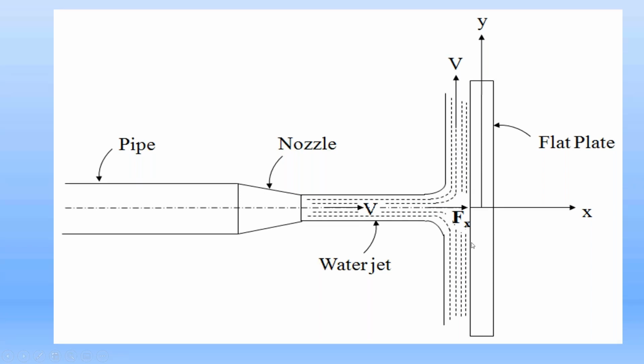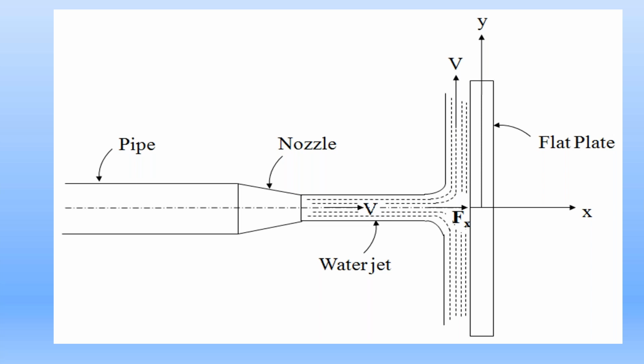By using Newton's second law, we are going to find out the equation of this Fx. Just now we discussed, according to Newton's second law, when you are finding the force, consider the initial velocity in the direction of force and also the final velocity in the direction of force.